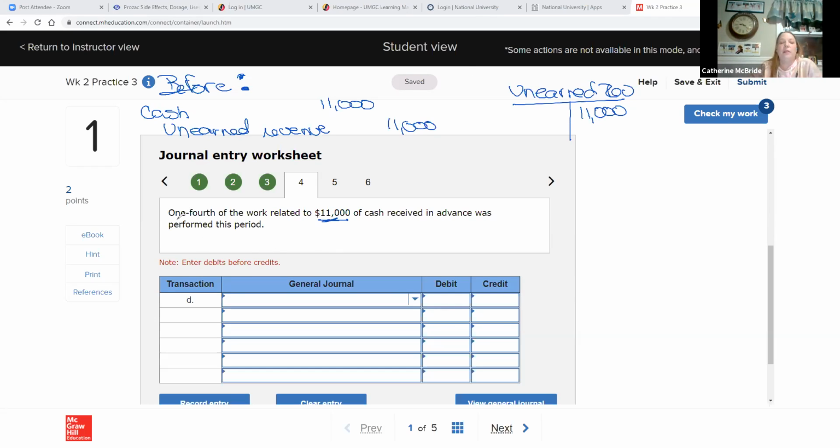Now, it says one-fourth of the work related to that was performed. So we're going to take $11,000 times 25%. So we have earned revenue of $2,750 that we have not recorded.